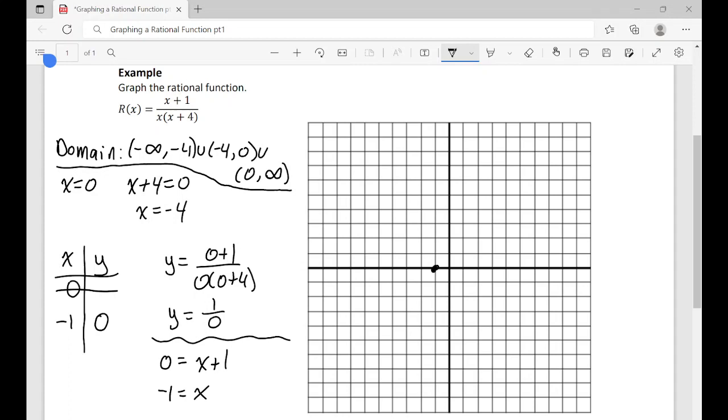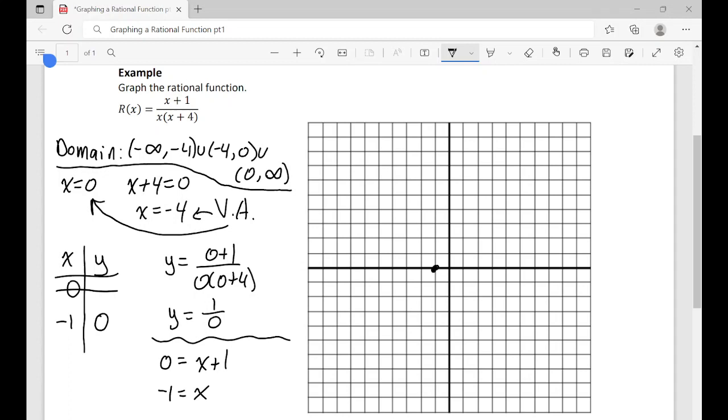And now I'm going to look for the asymptotes. The first one is the vertical, which is work that has already been done for you. x equals 0 and x equals negative 4. These are your vertical asymptotes. Since you already did it before to find the domain, no need to do it again.